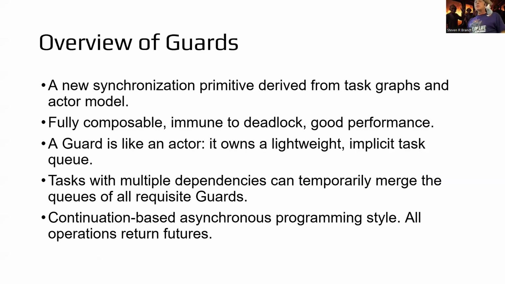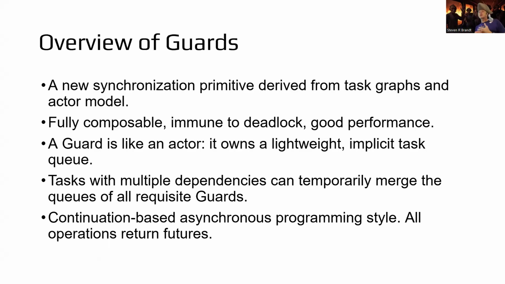So this is a new synchronization primitive derived from task graphs in the actor model. It's fully composable, immune to deadlock, and it has good performance. It's like an actor. It owns a lightweight implicit task queue, the same as an actor does. And tasks with multiple dependencies can temporarily merge the queues of all requisite guards to create the effect of locking multiple locks.